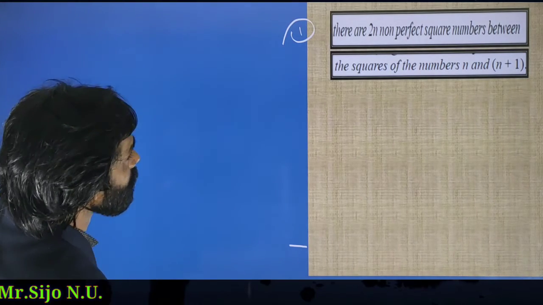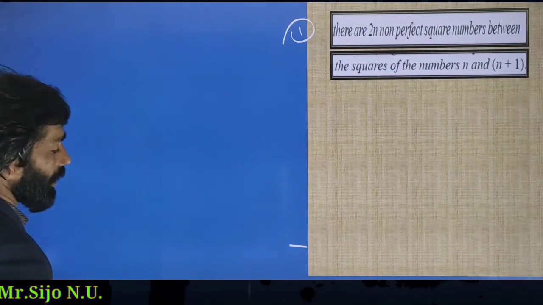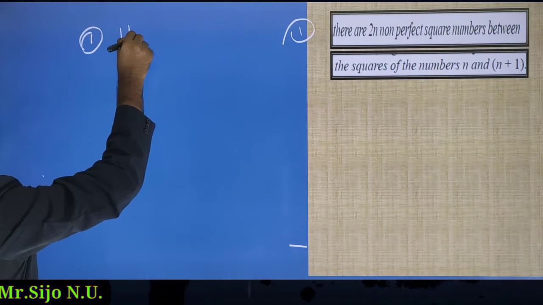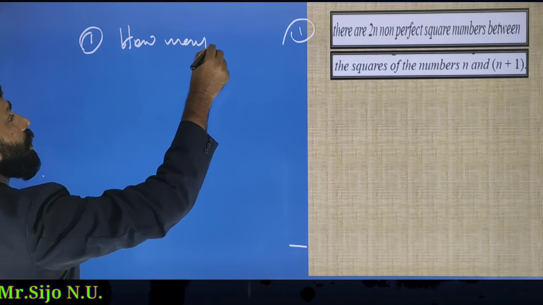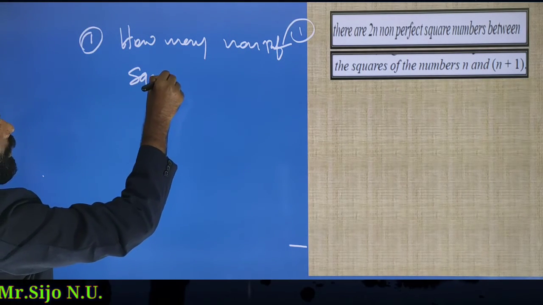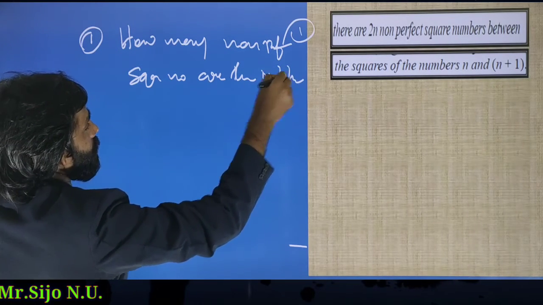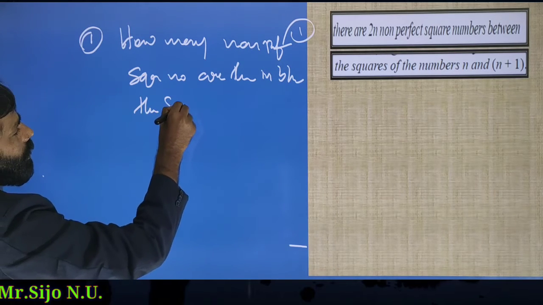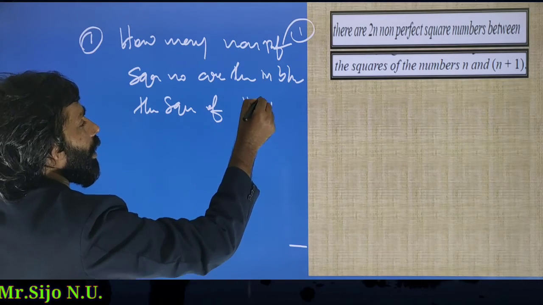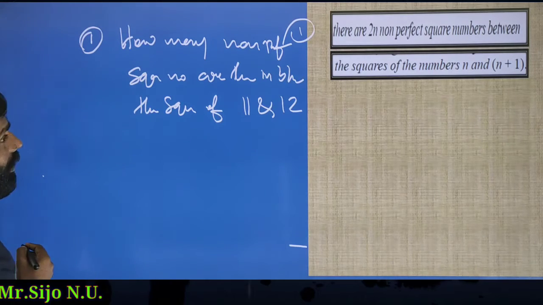See here, the question: how many non-perfect square numbers are there in between the squares of 11 and 12? How can we find out? By using this property we can easily find out.